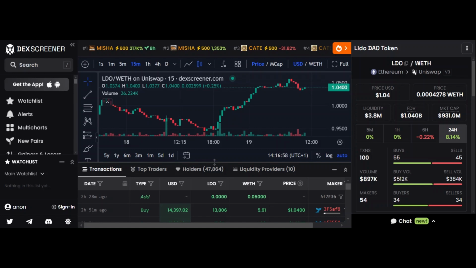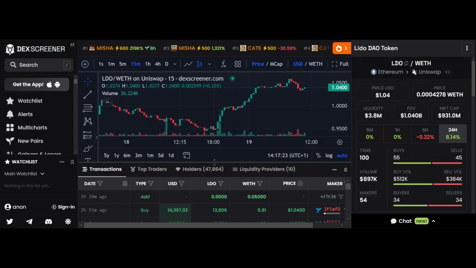This tells me the price in wrapped Ethereum. This is liquidity. Liquidity is just a measure of how easily an asset can be traded without causing significant price changes. Okay, well, that's basically it.